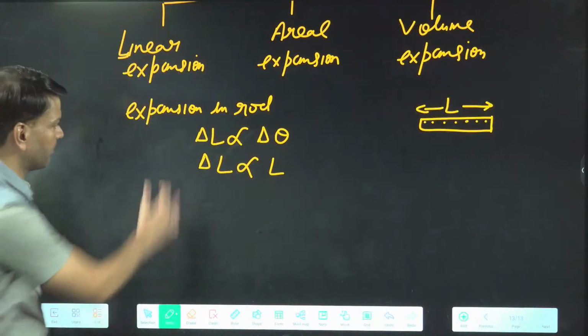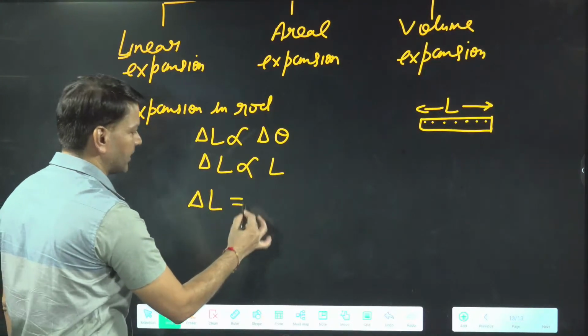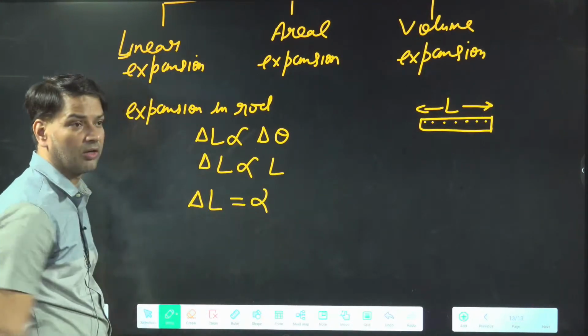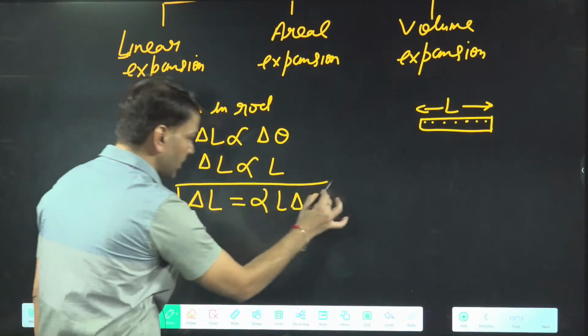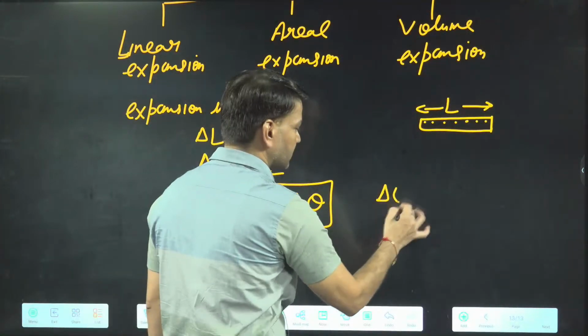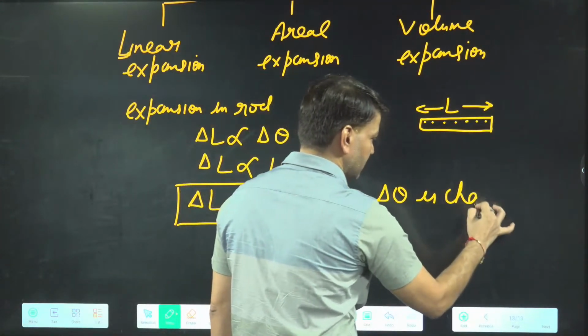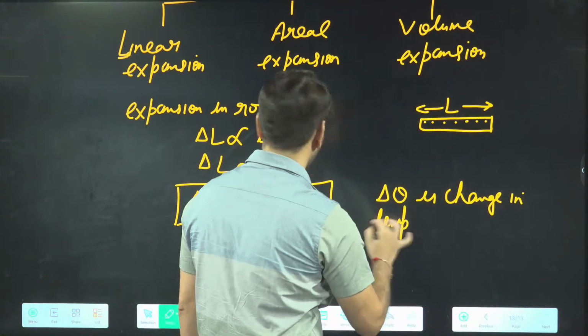Okay, so by combining these two, we can say delta L equals, removing the proportionality, with the proportionality constant alpha, alpha L into delta theta. Delta theta is the change in temperature.